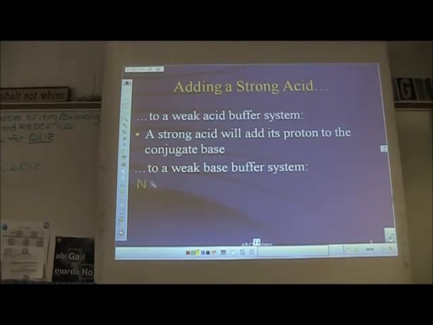I'm going to choose ammonia as my weak base. Can you please give me a salt that will turn this into a basic buffer system? NH4. Give me a different strong acid, not HI. A different one. HBr.